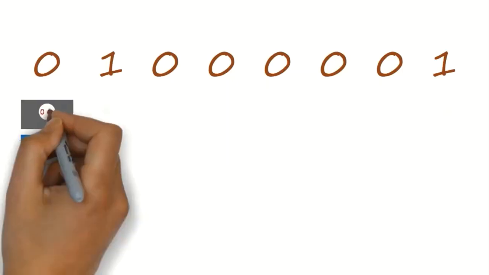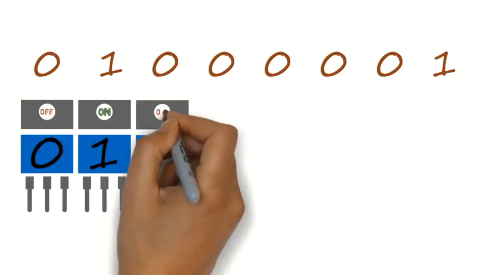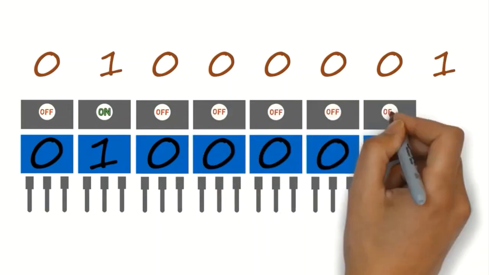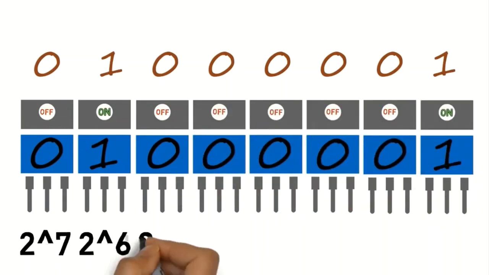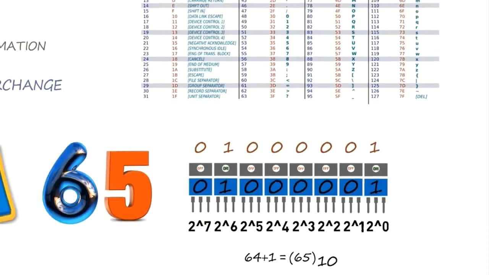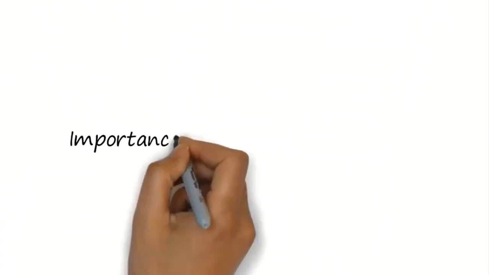So whenever you type an uppercase A in a word program, coding or scripting program, somewhere there will be 8 tiny transistors arranged in the pattern off, on, off, off, off, off, off, on in binary, which is interpreted as 64 plus 1, 65 in base 10. The first goal of a computer is to count.